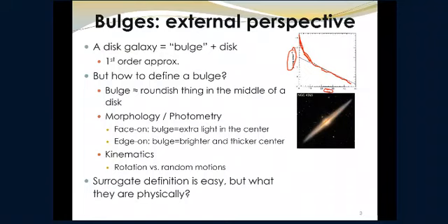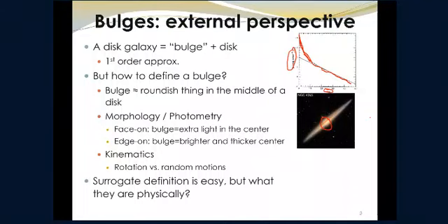But exactly how do we define a bulge? You can say that the bulge is this roundish thing sitting in the middle of a disk. That's from photons.